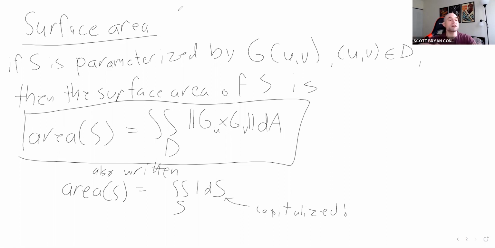So if you want to find the surface area, you integrate 1 over that surface with respect to surface area. So dS means with respect to surface area.